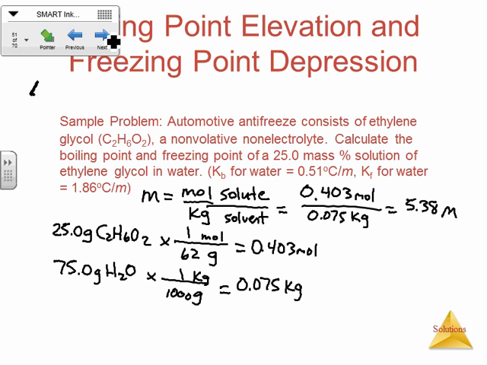So I guess I'll do this up here. Delta T boiling is going to equal... Now watch your units here. This is in degrees Celsius per molal. That's kind of weird to say. So 0.51 degrees Celsius times the 5.38 molal, and then these cancel, right?